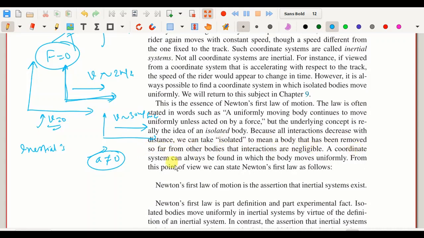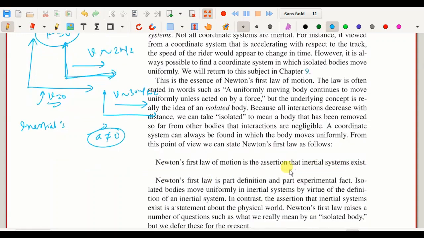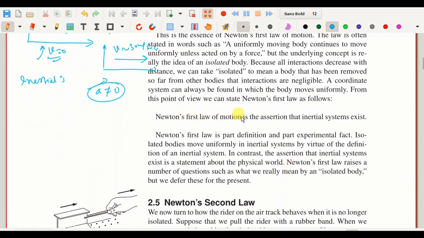A coordinate system can always be found in which the body moves uniformly. Got it? From this point of view, we can state Newton's first law as follows: Newton's first law of motion is the assertion that inertial systems exist.